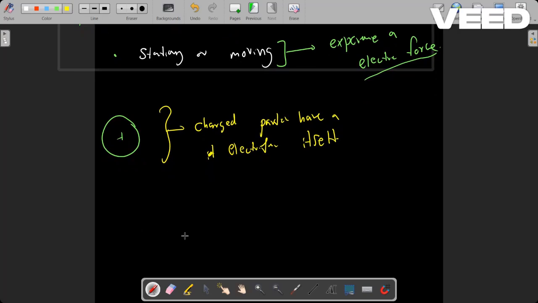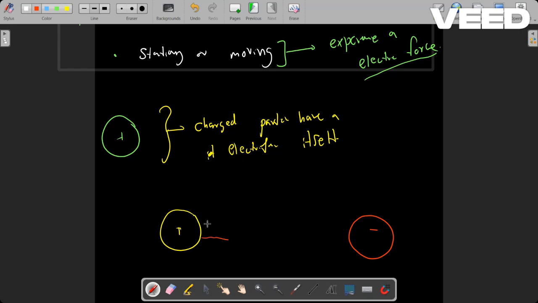And not only that, if you have two charged particles, let's say positive and negative, I told you these particles are also making their own electric field.